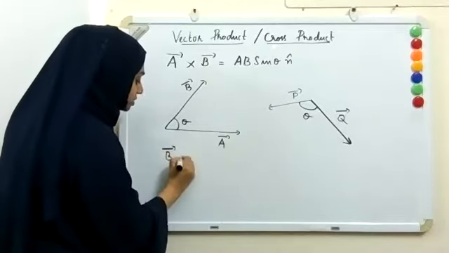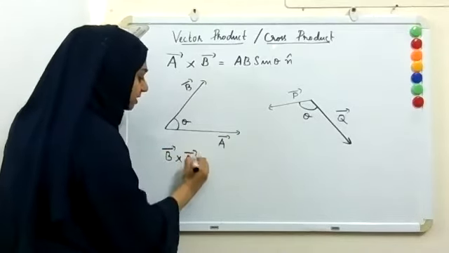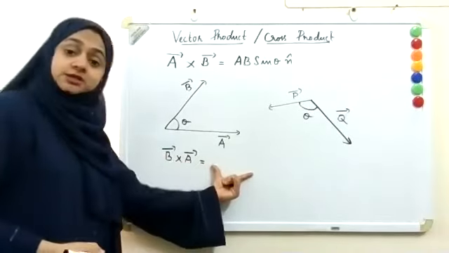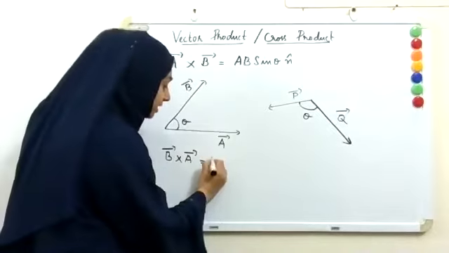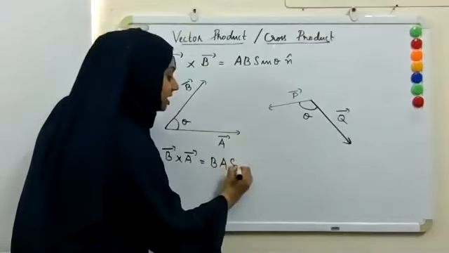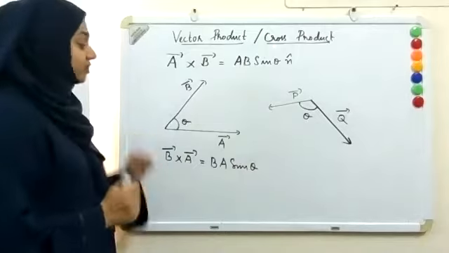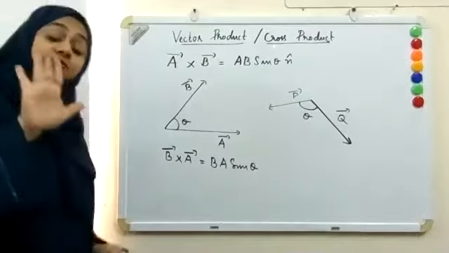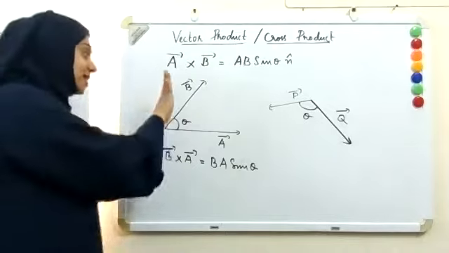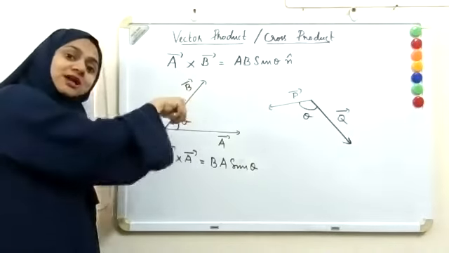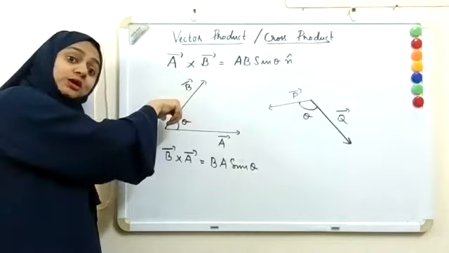B cross A? Suppose I am considering B cross A. So, what will be the result? It will be B into A into sine theta. And what will be the direction of the unit vector? So you have to keep your fingers in the direction of B and curl it towards A. So what is the direction? It's going inwards.